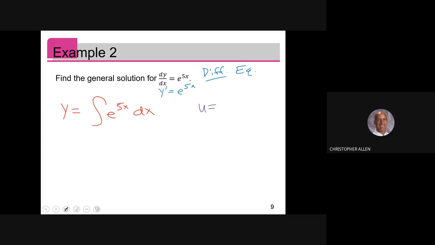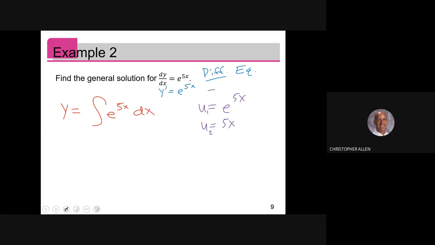Okay, good. I see e to the 5x. All right, so e to the 5x. Any other guesses? Ooh, 5x I hear. Okay, so I'll call this u1, and this is u2, that's 5x. Any other guesses? All right. If you guys don't mind, I'm just going to go with Hayden's first guess here, all right?